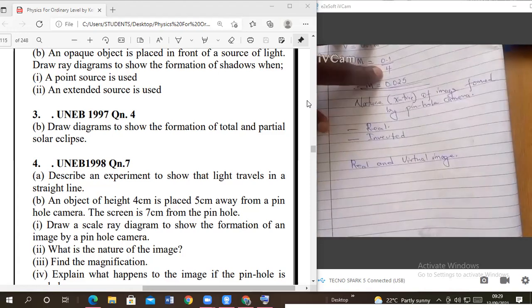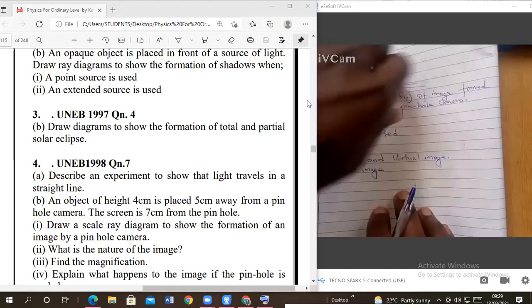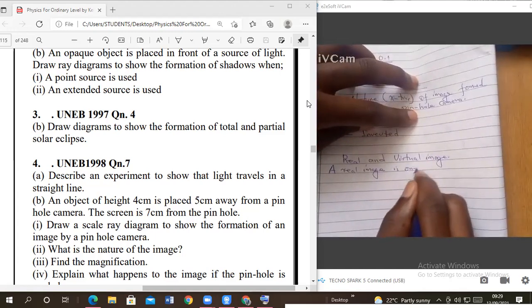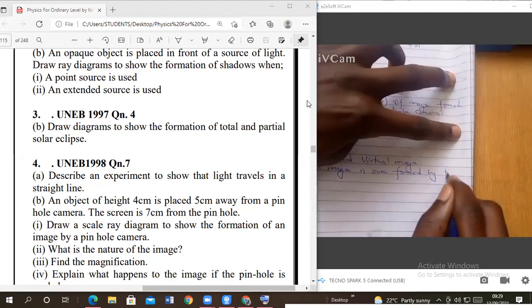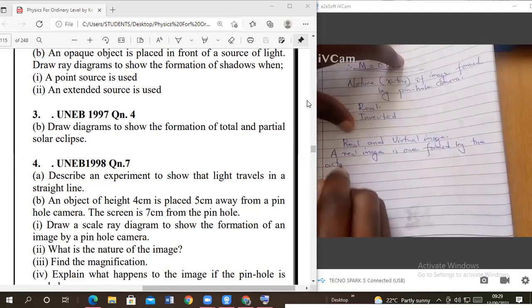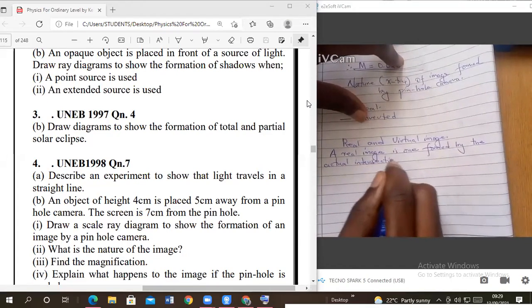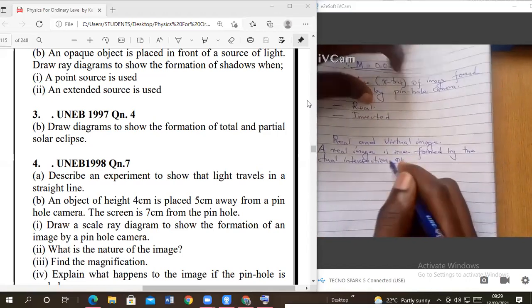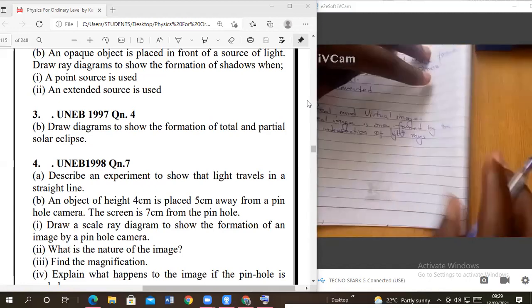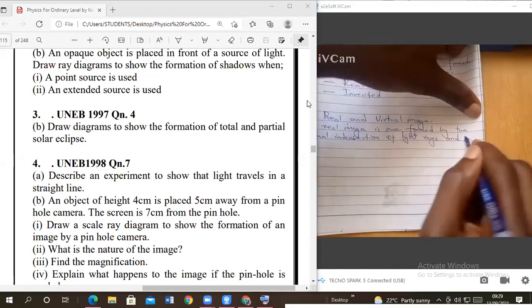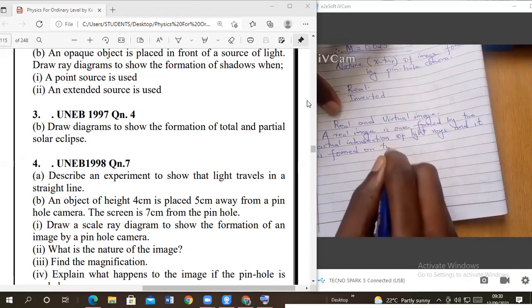Let me write it down here. We said a real image is one formed by the actual intersection of light rays, and it is formed on the screen.